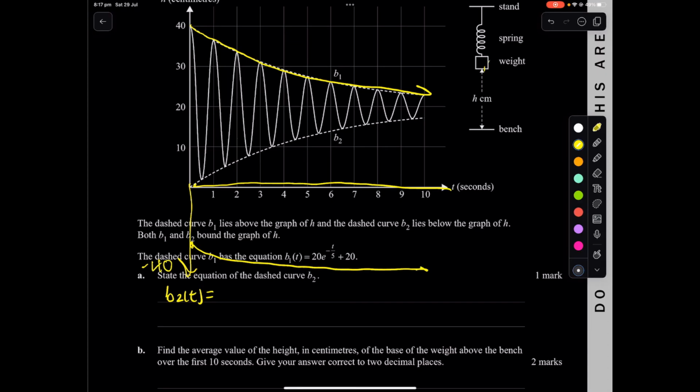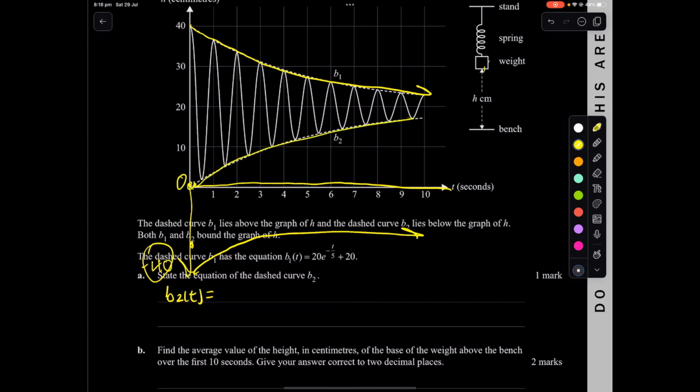Wait, if we flip that around, it actually would look like this, and we plus 40 to make it back to 0. So it will be negative 20e^(-t/5) minus 20, but we also want to add that translation of 40 up, so it equals negative 20e^(-t/5) plus 20.